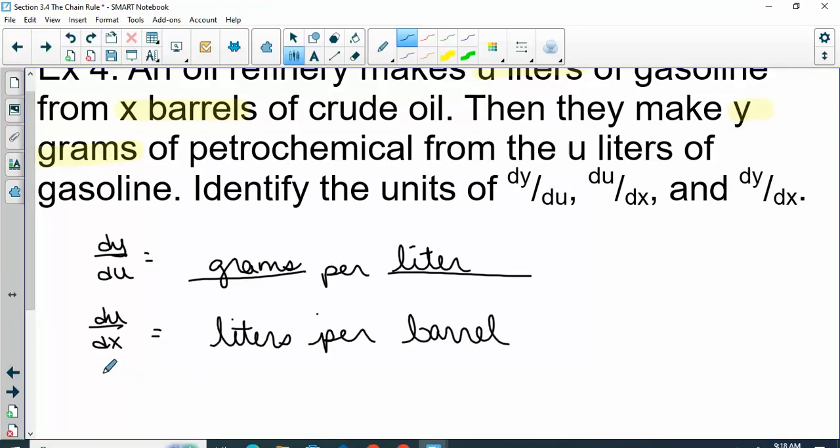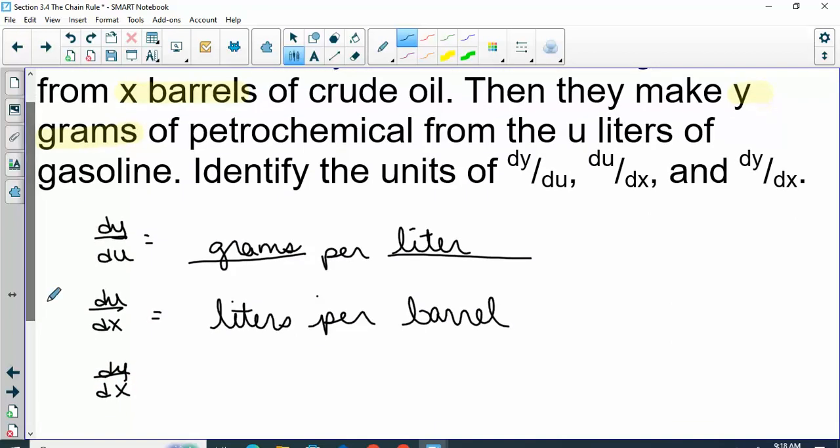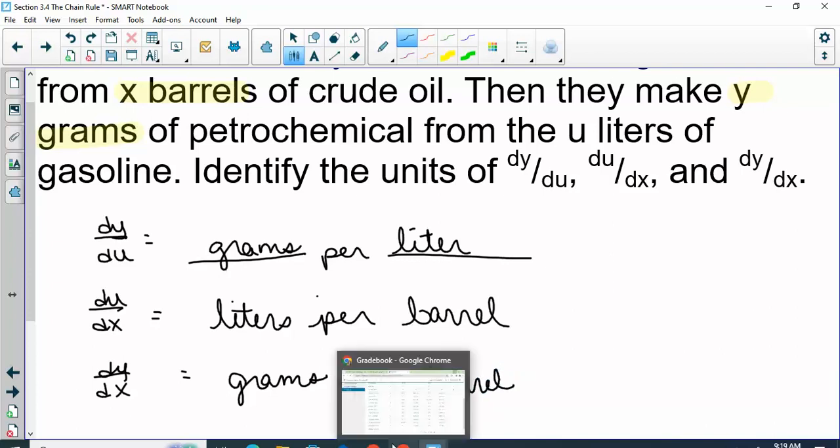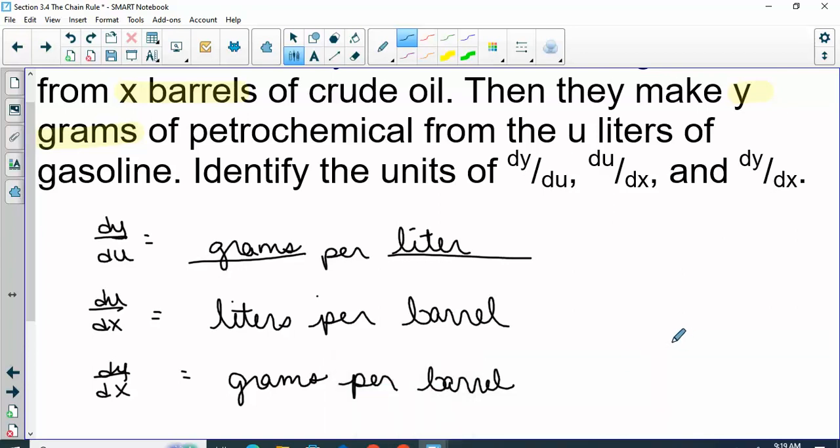Last one, dy/dx. So y is grams per X, which is barrel. So if we have these rates of change, we can use those variables to identify our units.